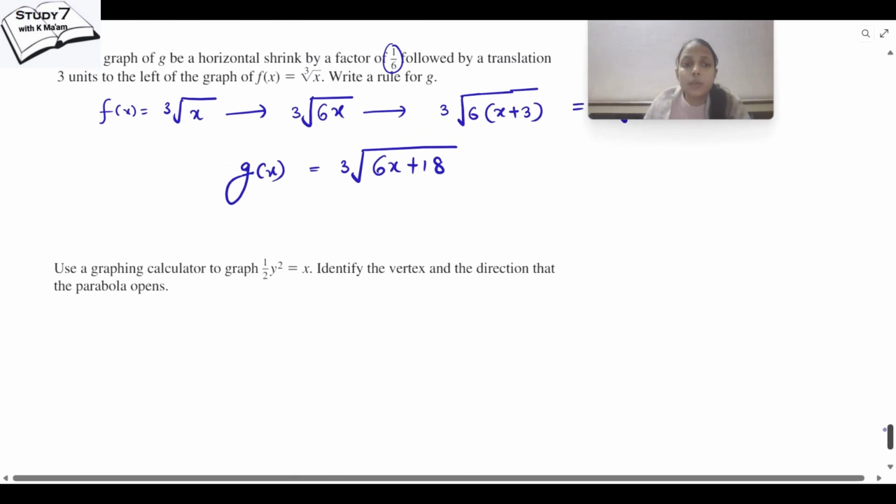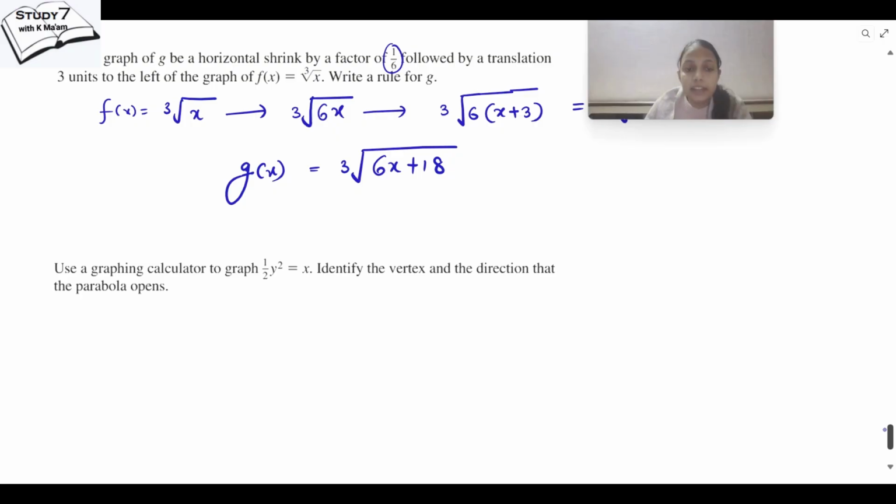Next, use the graphing calculator to graph it. Identify the vertex and directrix of the parabola. So let's see. If I try to solve it, 1/2 y squared is x. Y squared is 2 times x. Y equals plus or minus the square root of 2x.